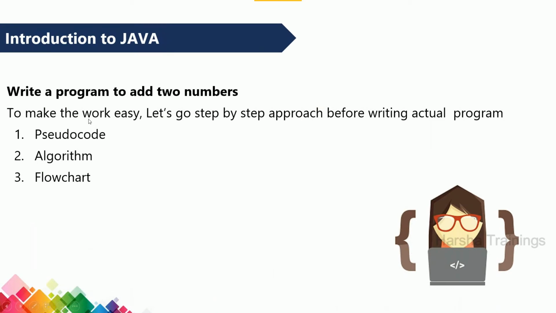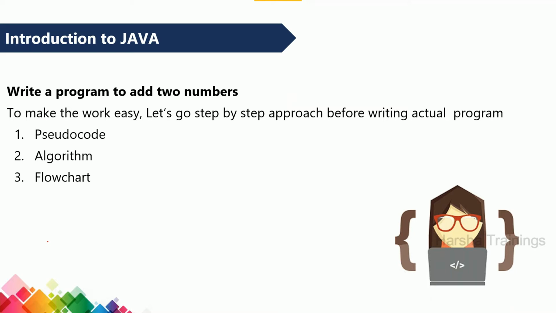First of all, if you want to write a program for addition of two numbers, not only in Java, for any language, what is the procedure to write a program? Remember, always you have to know the algorithm. If you know the algorithm, then it is very easy to write a program.